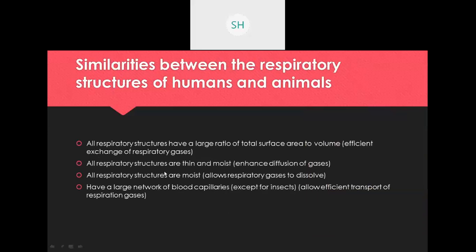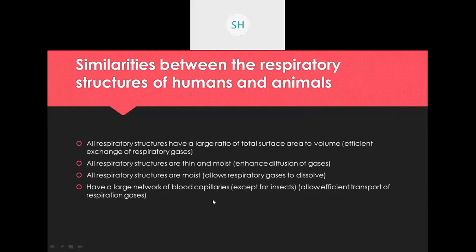All of them are very thin and moist, which enhances the diffusion of the gases. Being moist allows the respiratory gases to dissolve, and they have a large network of blood capillaries, except for the insect, which allows efficient transport of the respiratory gases.